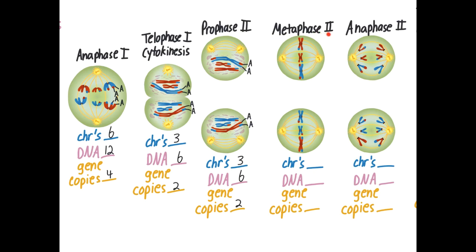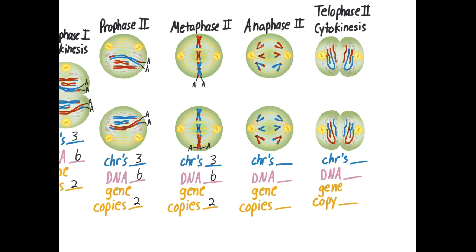In metaphase 2, the chromosomes line up, but don't otherwise change, so we still have 3 chromosomes, 6 DNA molecules, and 2 copies of each gene in each cell. During anaphase 2, the sister chromatids of each chromosome are now pulled apart.